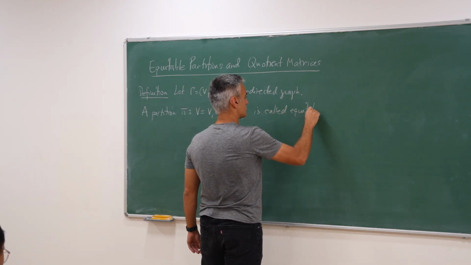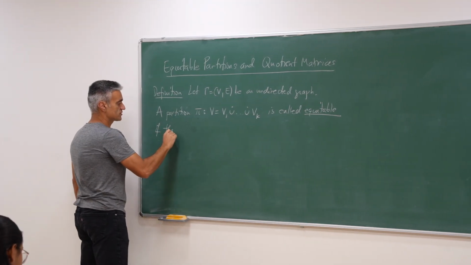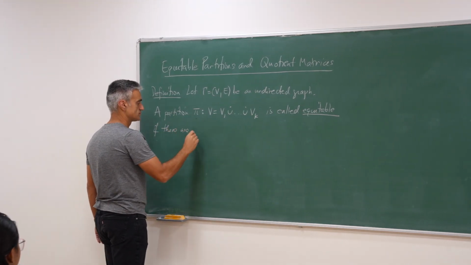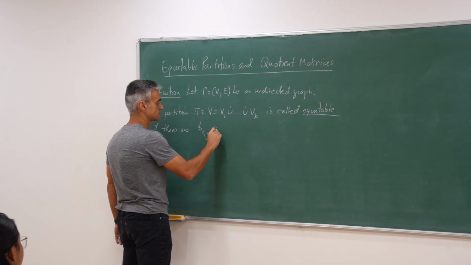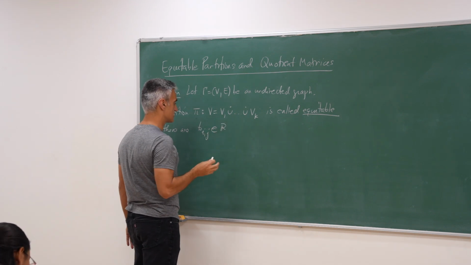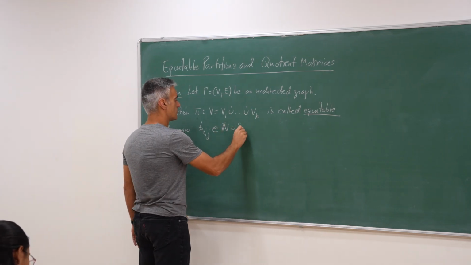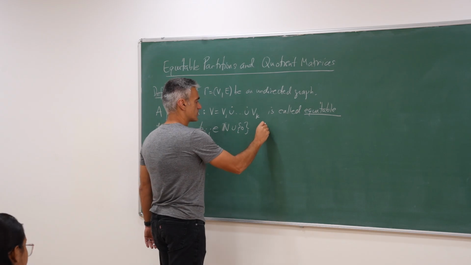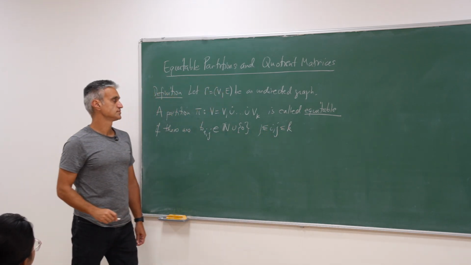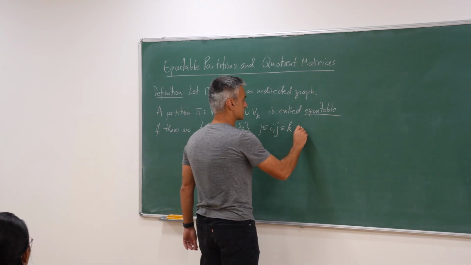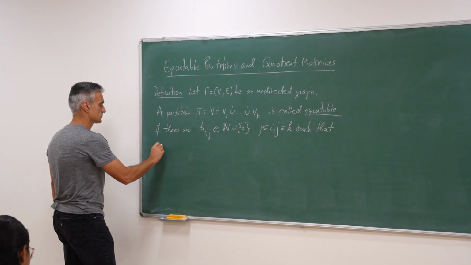The partition is called equitable if there are some numbers bij, let's just say natural numbers or 0, for any i and j between 1 and k, such that the following happens.